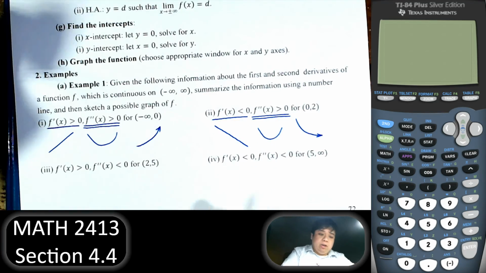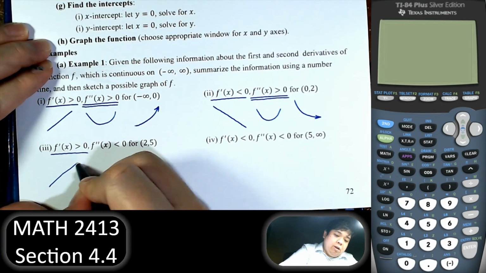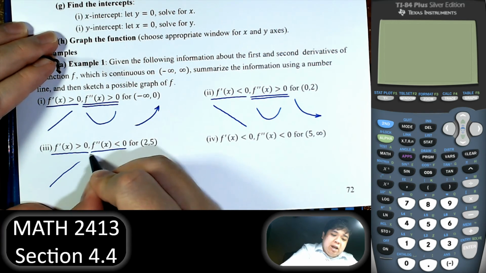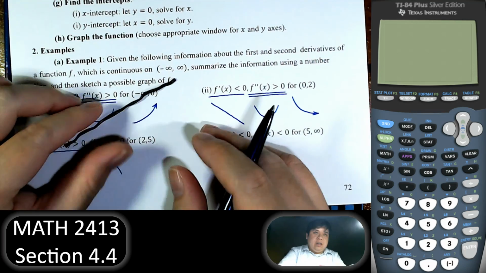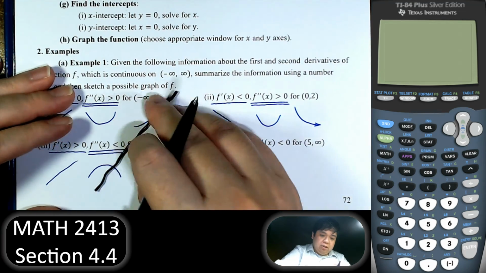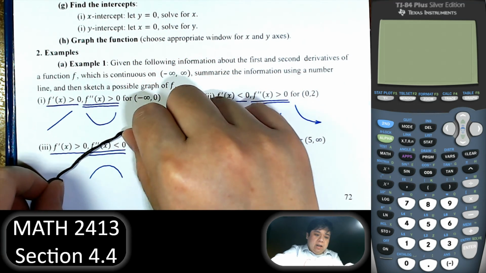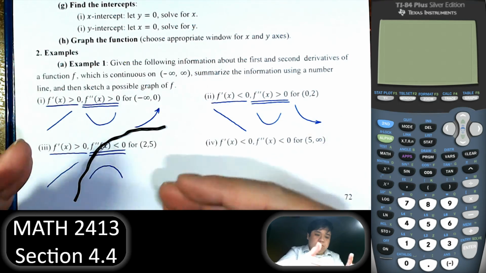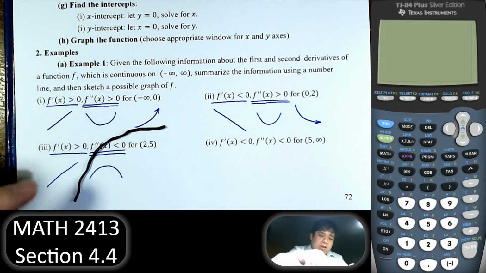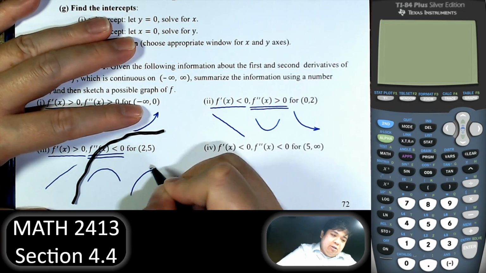And the same thing for the other. The derivative is positive, going up. The second derivative is negative, concave down. So originally it is increasing. But then we have to bend the end so that it will be concave down.